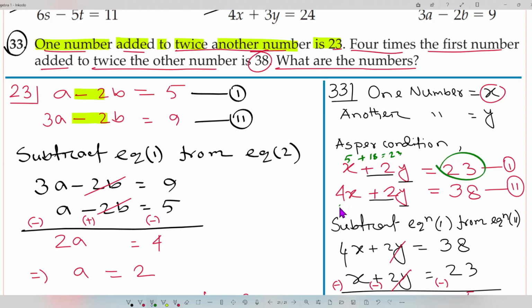Now 4 times 5 is 20, right? So we can write 20 plus 2 times y, y means 9, so 9 times 2 is 18. Now look, 20 plus 18 is 38. So our answer is right.